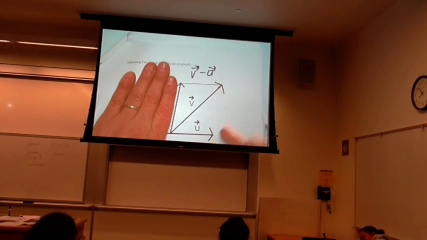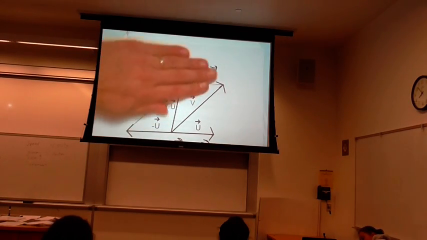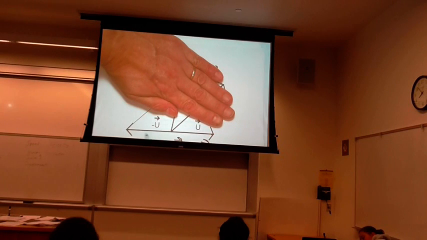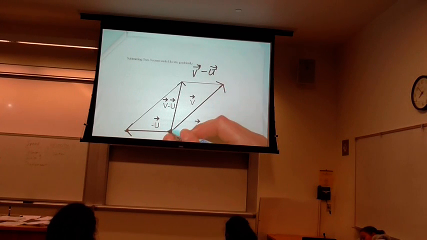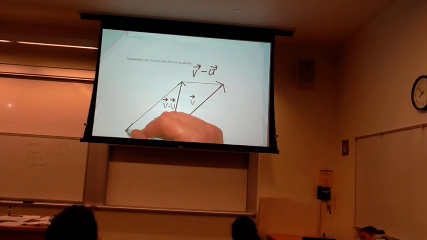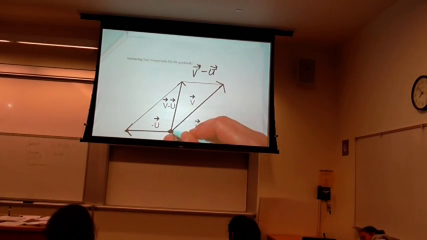So I know that I'm going to add to v negative u. Here's negative u, from here to here. So I want to add my vector v to my vector minus u, again using this parallelogram rule, and that's going to be this vector here.